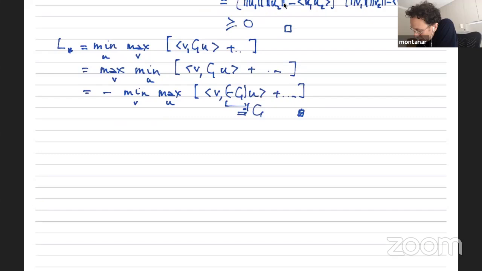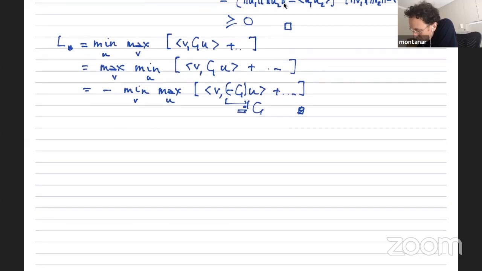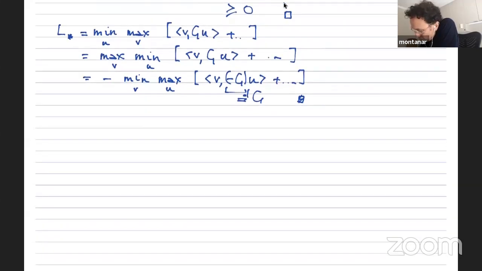Now I want to describe how to apply it. And instead of taking the most general setting, I'll take the lasso. So how to apply it?